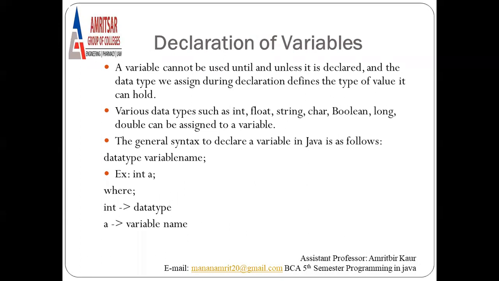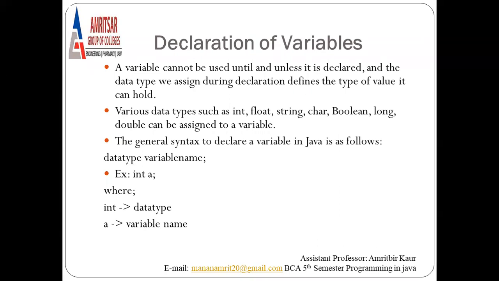Without declaration, we cannot use any variable. If we try to do this, an error message will be displayed on the screen. So our variable cannot be used unless it is declared.